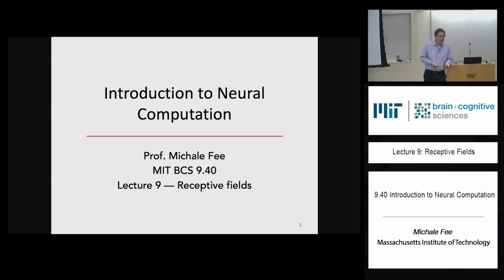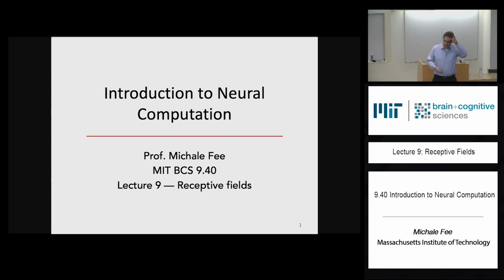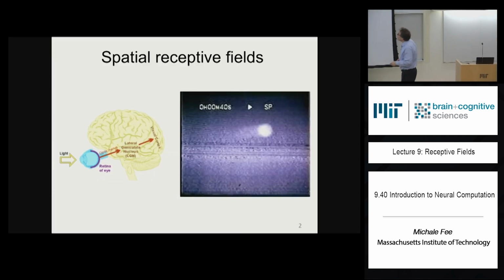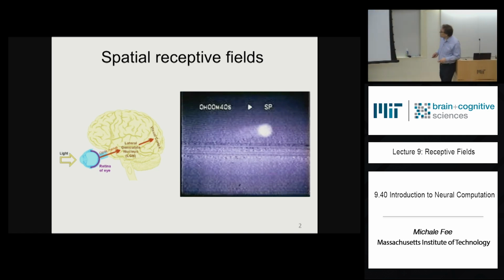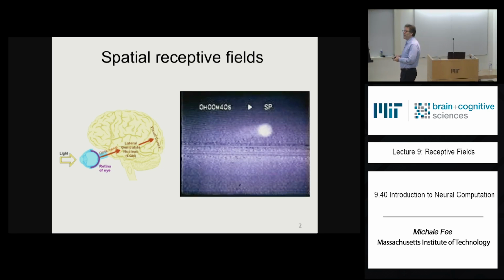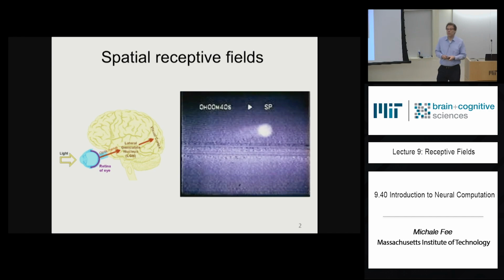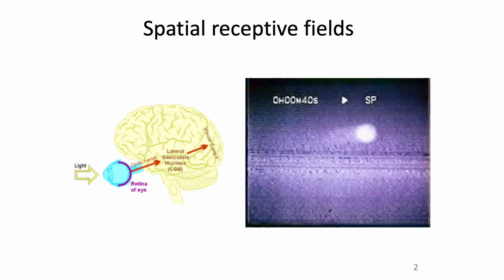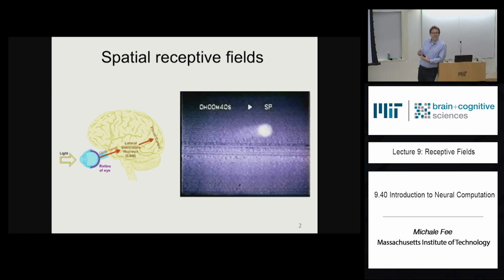Okay? One of the classic examples of how to find receptive fields comes from the work of Hubel and Wiesel. I'll show you some movies made from early experiments of Hubel and Wiesel, where they are recording in visual cortex of the cat. They place a fine metal electrode into primary visual cortex, and they anesthetize the cat so the cat can't move.